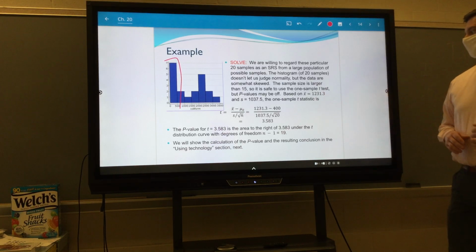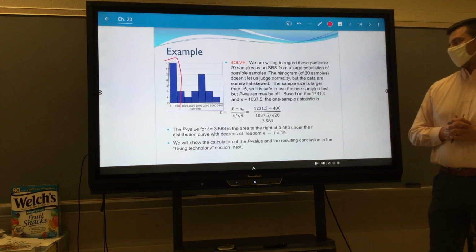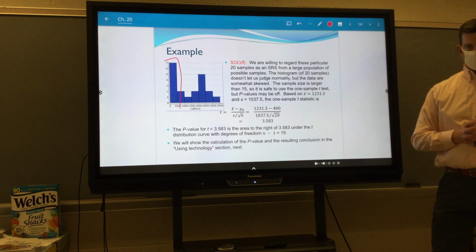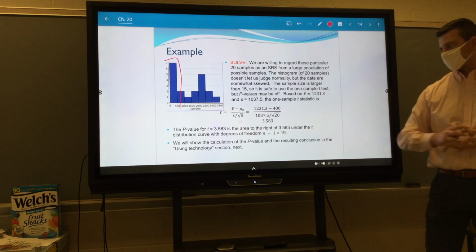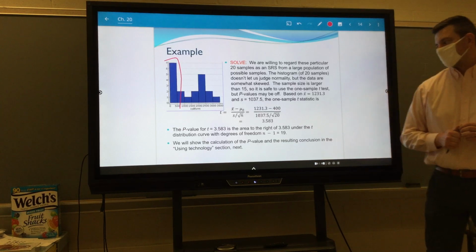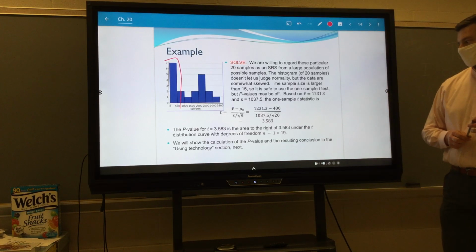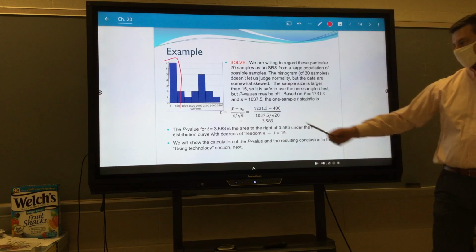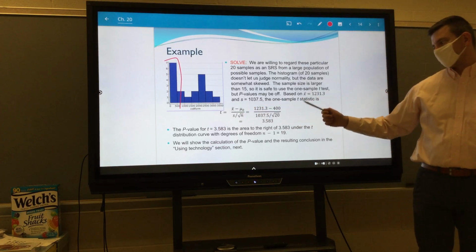We get a sample mean of 1,231.3, when supposedly our maximum safe level was 400. Sample standard deviation of 1037.5. So we could do our one sample t statistic calculation by hand there.